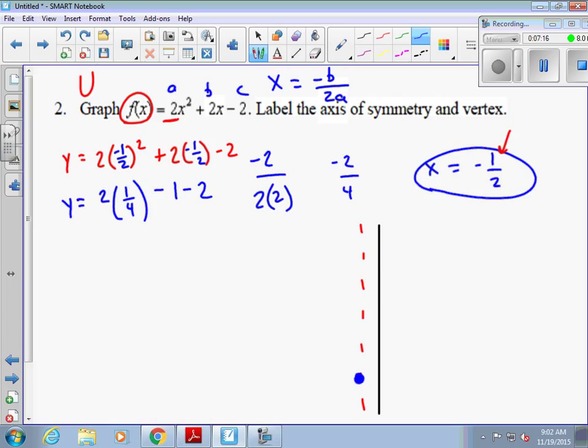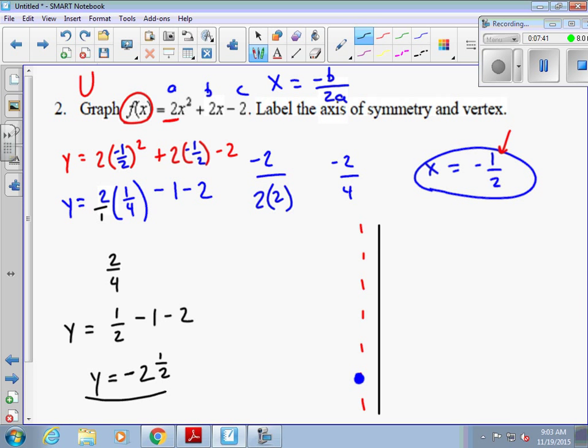So y is going to be all of this. 1/4 of 2, when you multiply straight across here, 2 times 1 is 2, and 1 times 4 is 4, which comes right back to being 1/2. So 1/2 minus 1 minus 2 is going to give us what y is. 1/2 minus 1 is negative 1/2, and negative 1/2 minus 2, y's value is going to be negative 2.5.